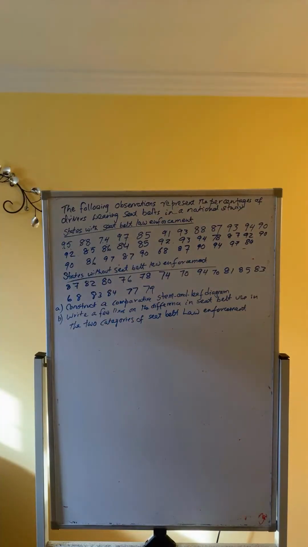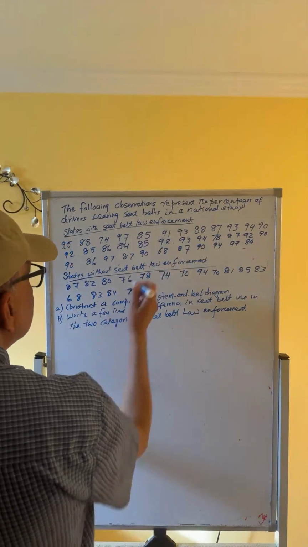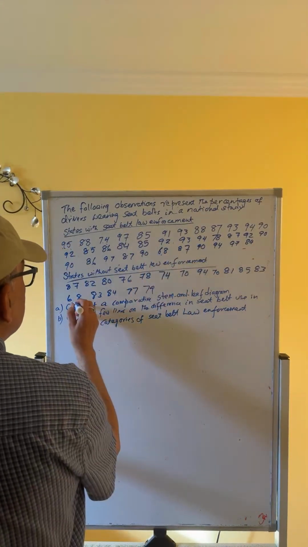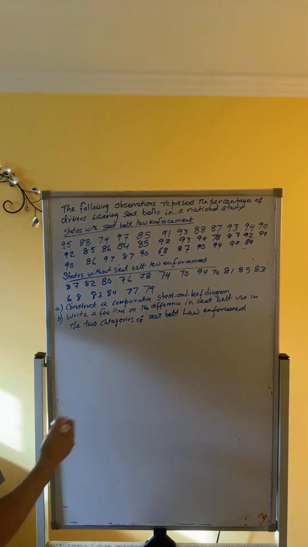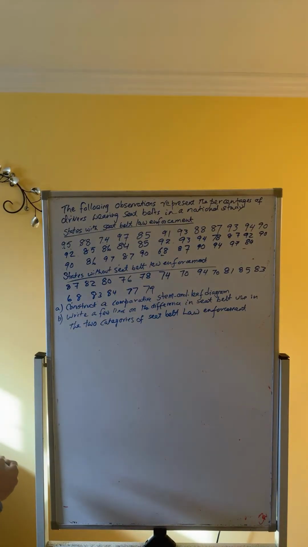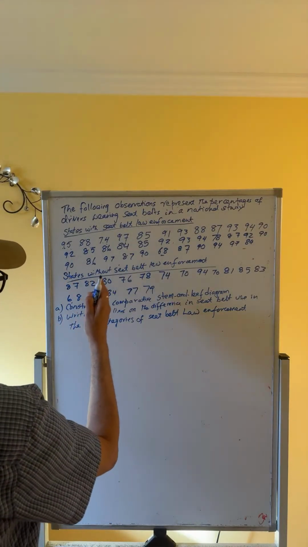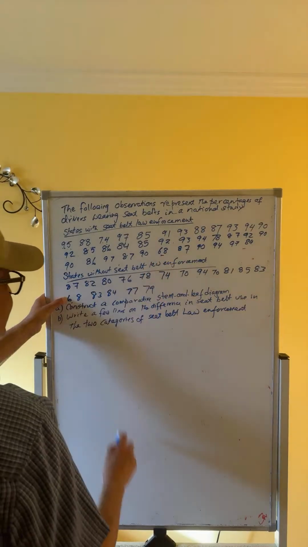Okay. So quickly we look and we find in all of this 68 is the lowest here as well as here. Since we are going to make a comparative stem and leaf plot, we will have the stems in the middle. Again, the stems are the numbers in the tens place. Lowest number is 68 in each.